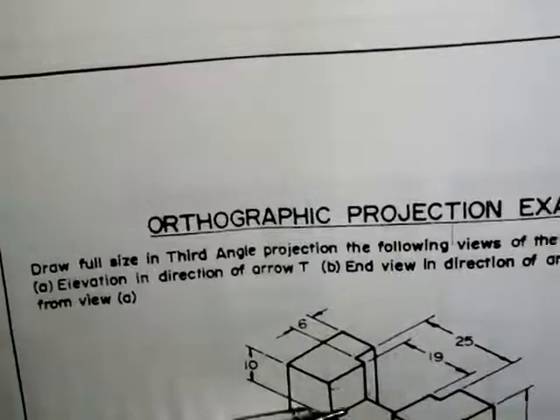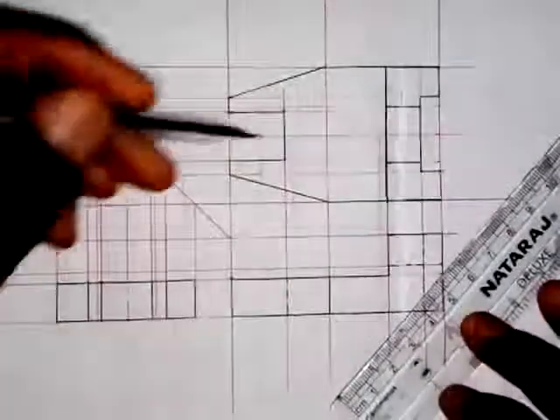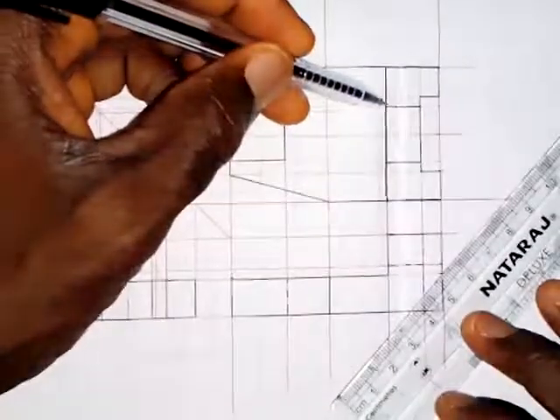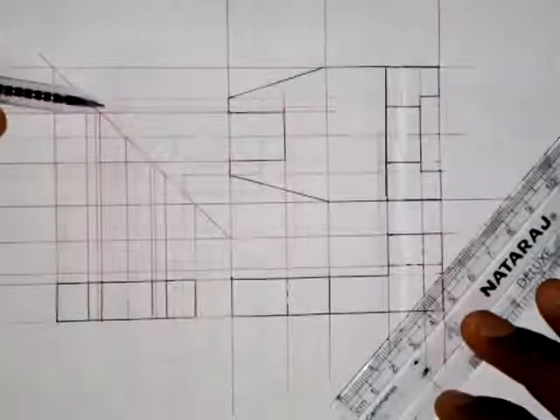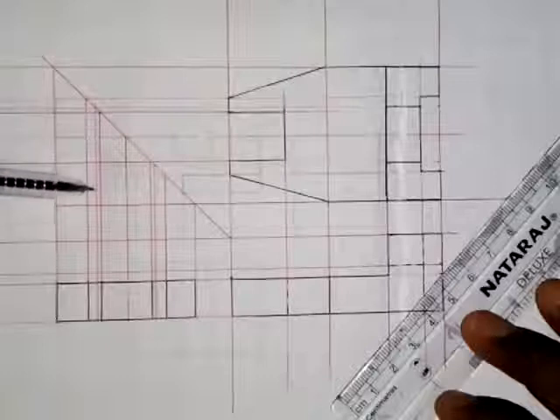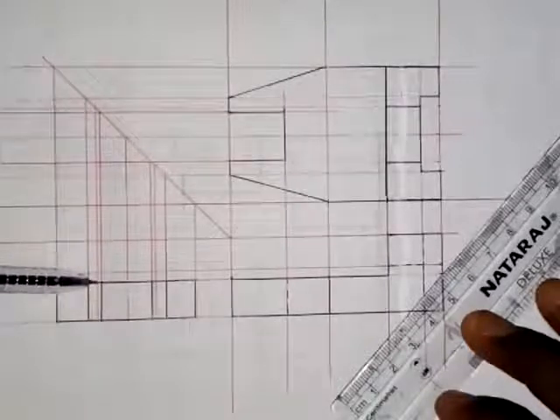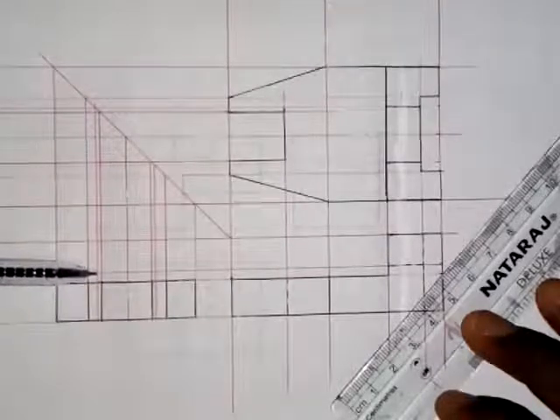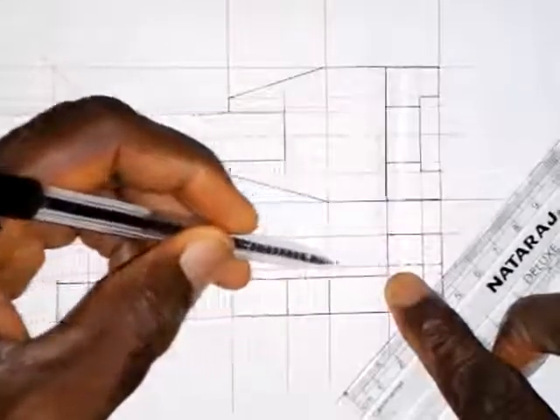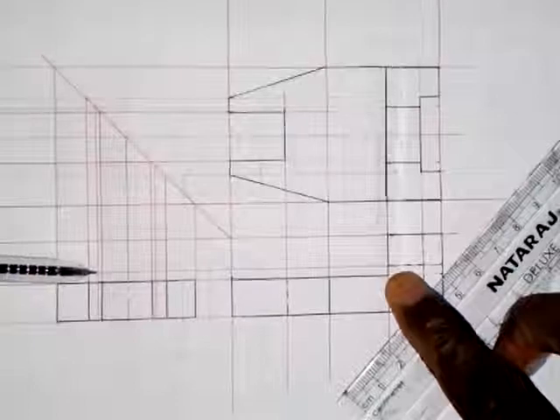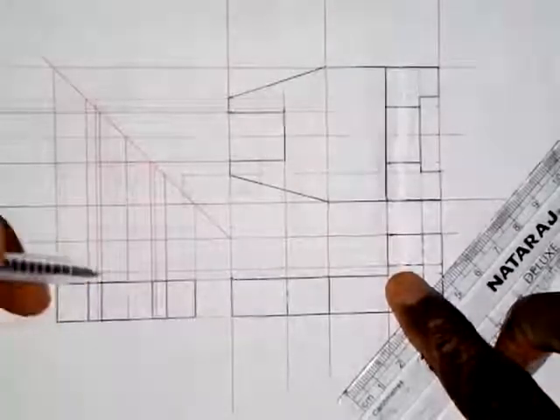Where is it found? I need to follow this line like this, coming like this, then I get to this point. If I follow it here, I have the starting point here. Okay, so this is that starting point.